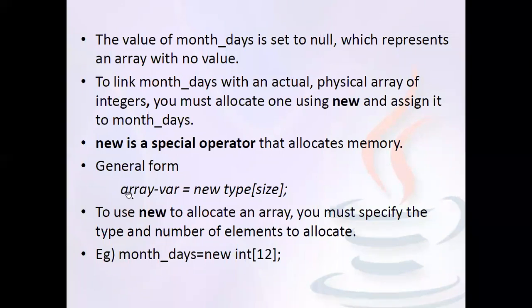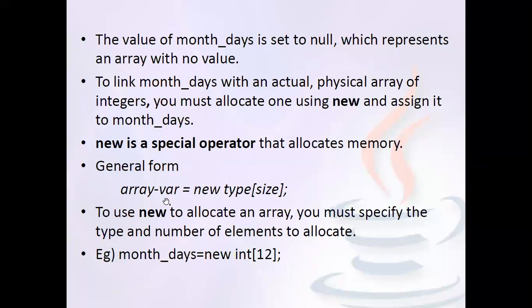The general form is array_var equal to new type size. Earlier we wrote type month_days, or with an array variable, type array_var, and using the new operator we can assign the memory to it.